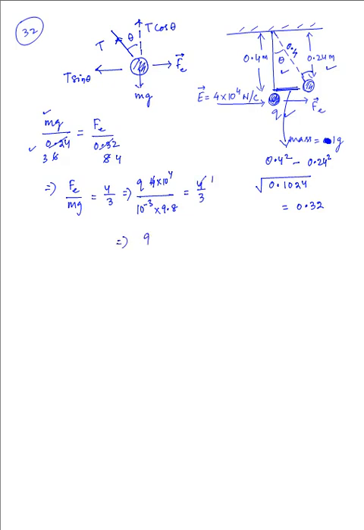So now we have the value of the charge to be equal to 9.8, 10 raised to the power minus 3 can go up, and then we have 3 times 10 raised to the power 4, that comes down. So 9.8 over 3 is approximately 3.